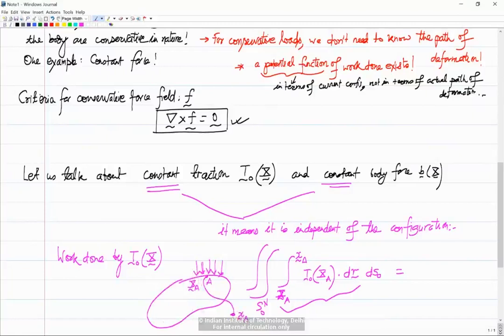So it can come out of the integration and it becomes integral over S naught N of T naught of x a dot, and ds naught is also here obviously, dot with dr a in going from big X a to small x a.